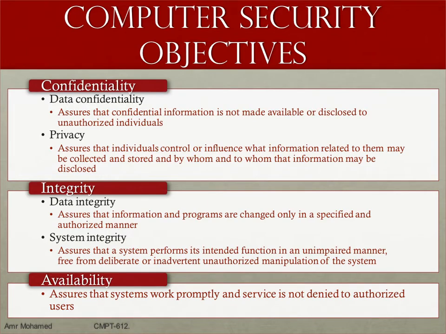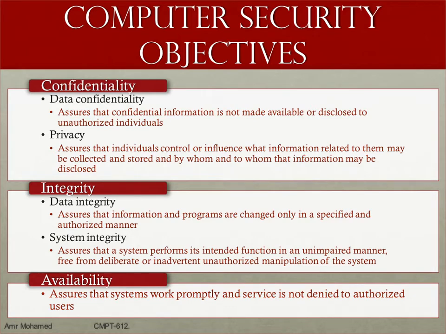if you have a big system and one entity or one server is compromised, that's a system integrity issue, because just by having this server or this node compromised, it affects the whole function of the system. So that's what we refer to as system integrity.